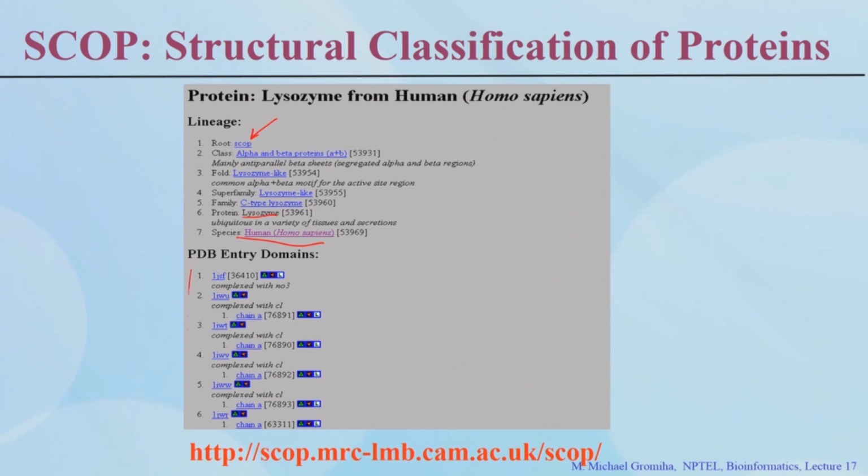Then they give other entries relevant to the particular protein, in this case lysozyme. So, what other proteins are similar to lysozyme? They give the details about the similar entries. Here is the SCOP web server. If you access this site, you can access this database and see the structural class information for several proteins.